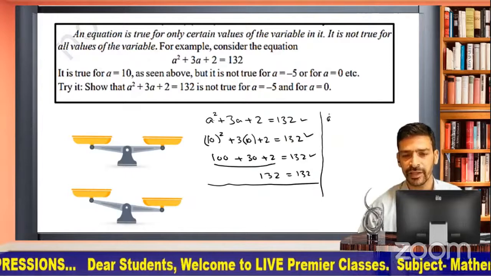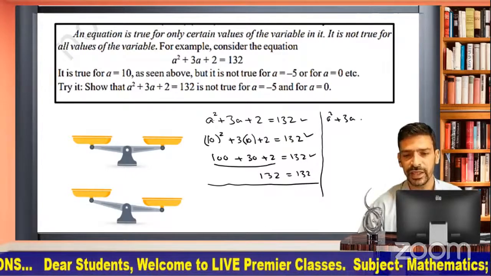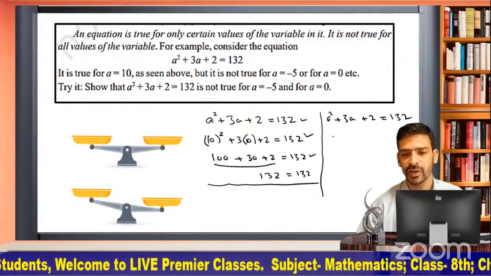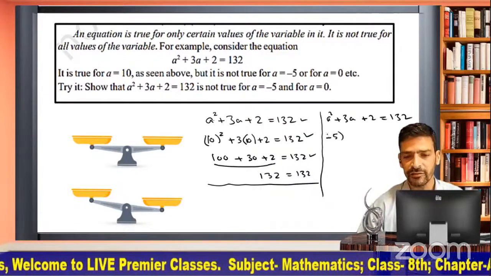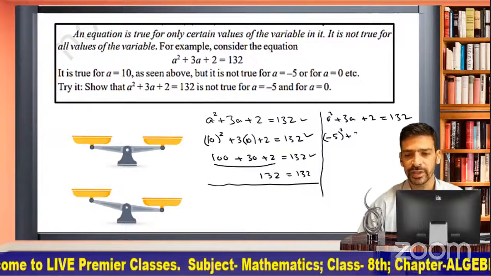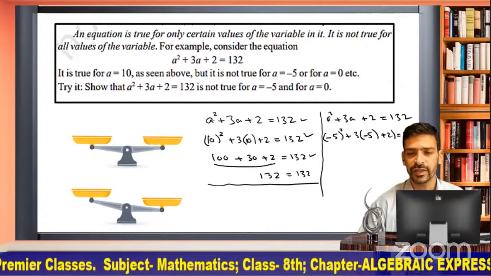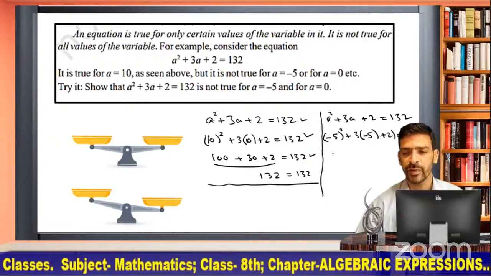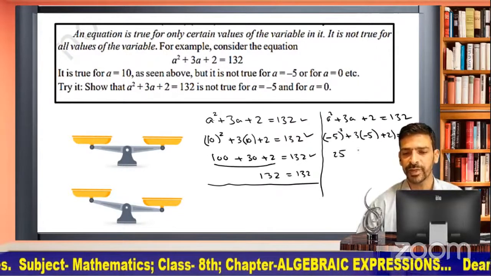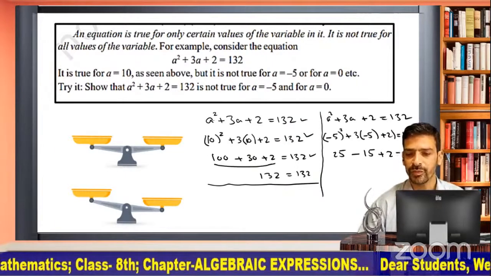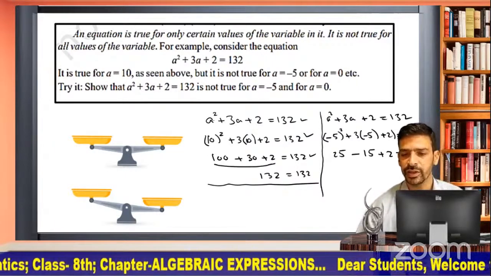minus 5. We have a square plus 3a plus 2 equals 132. Let us write here (minus 5) square plus 3 times (minus 5) plus 2 equals 132. (Minus 5) square is 25, plus minus 3 times 5 is minus 15, and you have plus 2 equals 132.